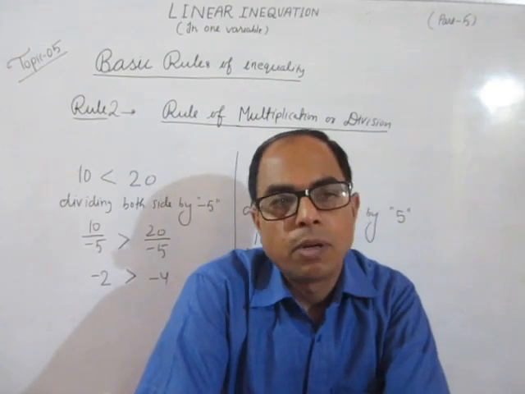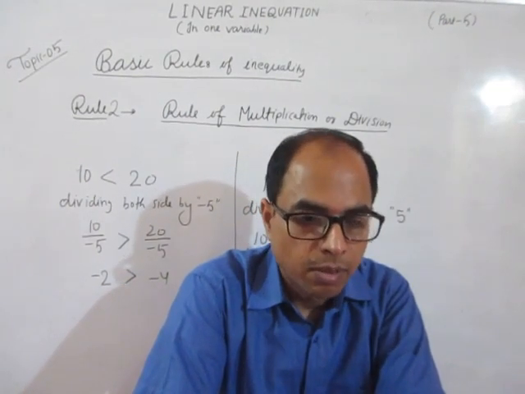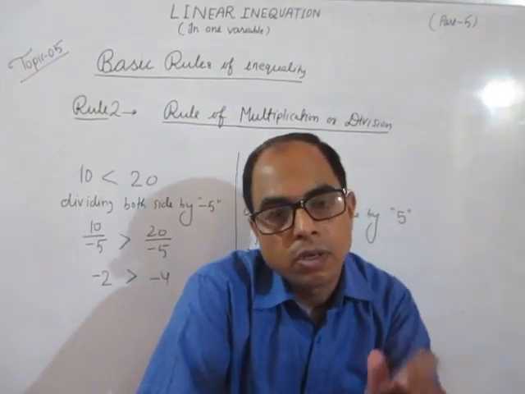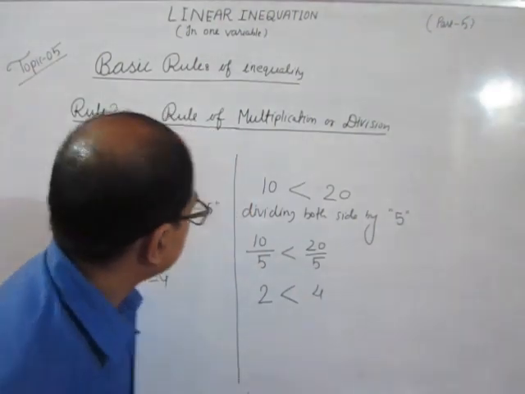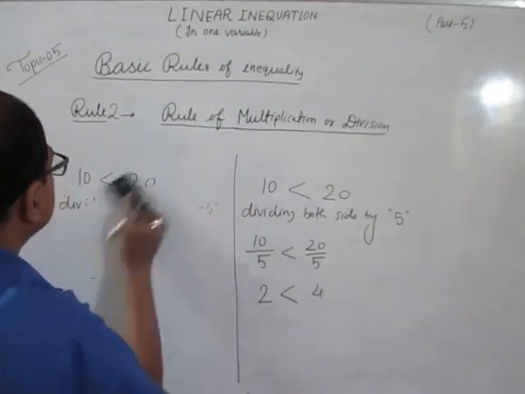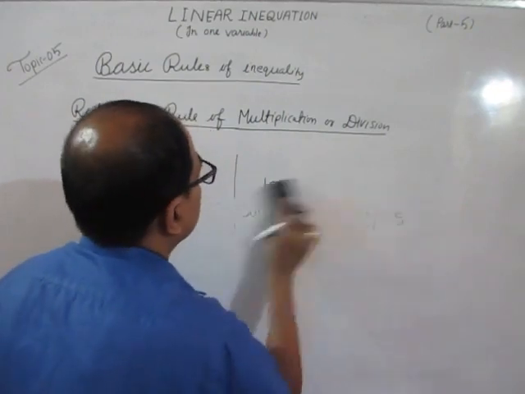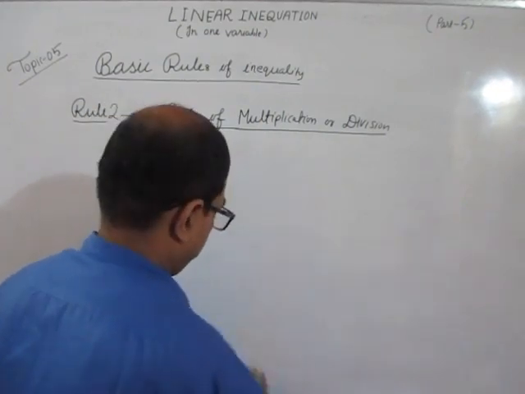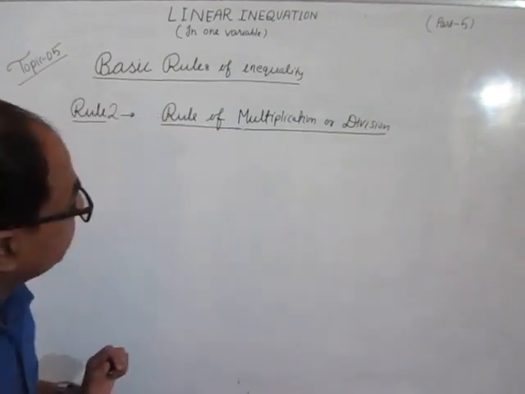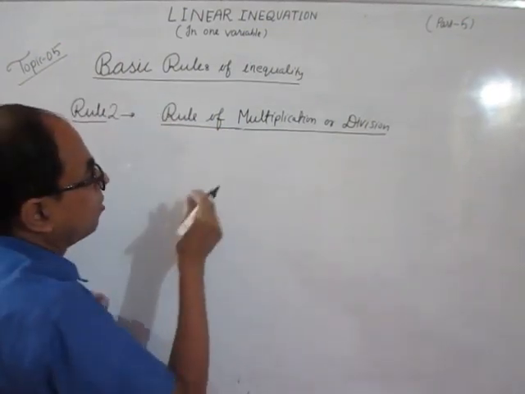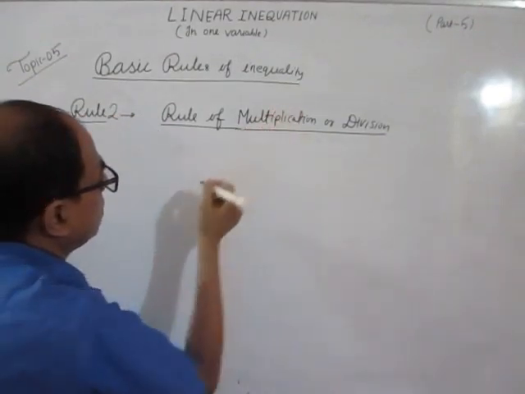And if you are multiplying or dividing both sides by a negative number, then reverse the sign of inequality. Now, the question is, how does this rule help us in the calculation? So let's see an example.